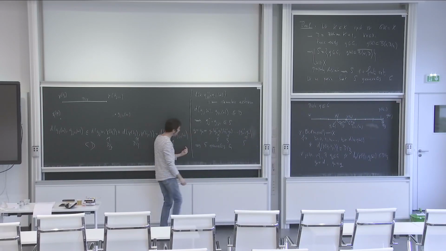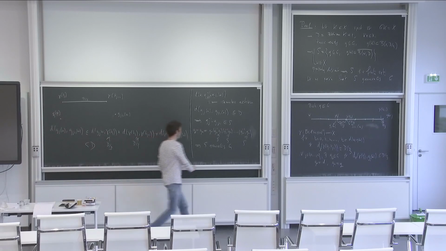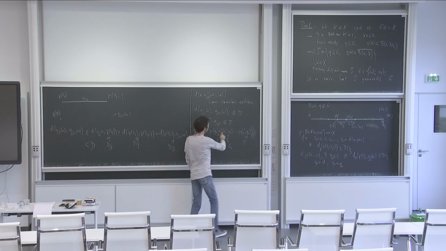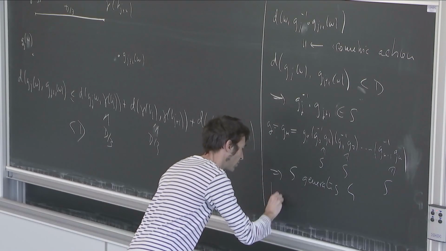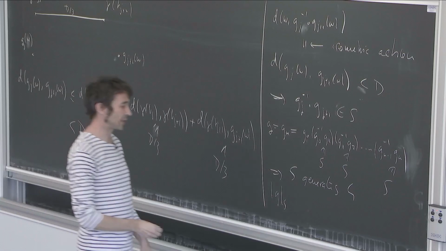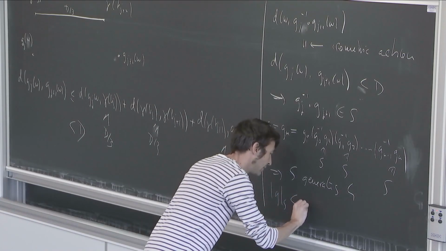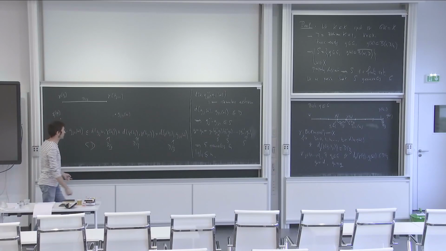Okay? And not only that, but I also have a bound on the word distance for G. I needed how many elements? Well, n actually. So the norm of G with respect to my generating set S is at most n. Okay? So that's interesting.